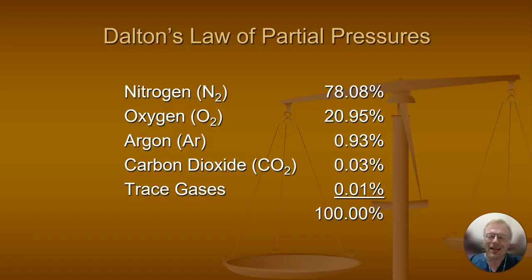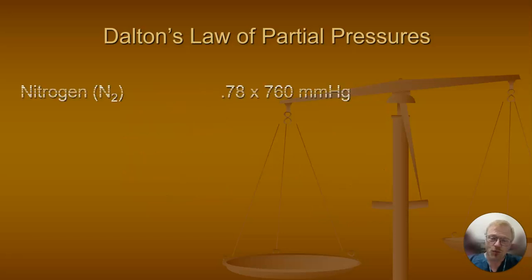So, what is the actual pressure? Well, to determine the actual pressure, you have to take the percent, divide by 100, so you have a decimal point, and multiply it by the atmospheric pressure that you know. So at 1 atmosphere, at sea level, we're going to take nitrogen, 0.78 times 760.